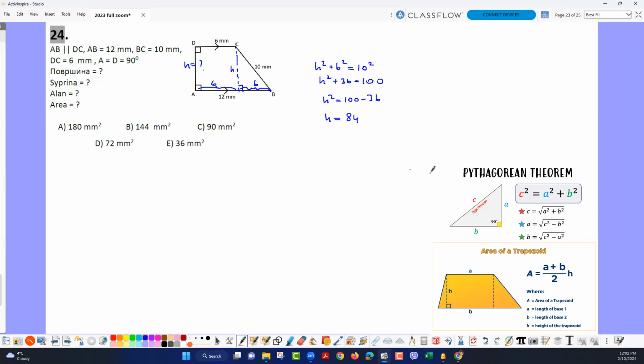So if H is equal to 8, then the area of the trapezoid is equal to (A plus B) times H over 2, which is equal to (12 plus 8) times 8 over 2. When you simplify this, this is going to be 2, this is going to be 1. Sorry, there's a mistake here, I got tired.